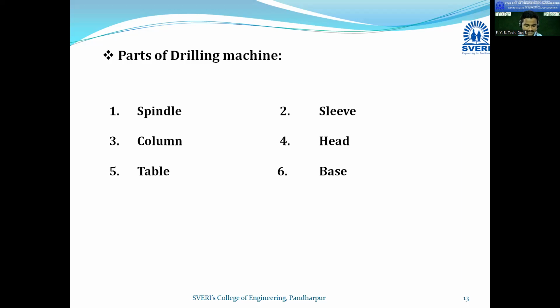So the first part is spindle. Second is sleeve. Third is column.